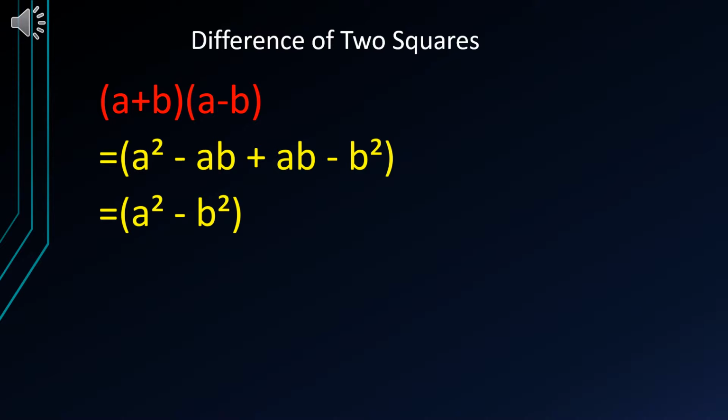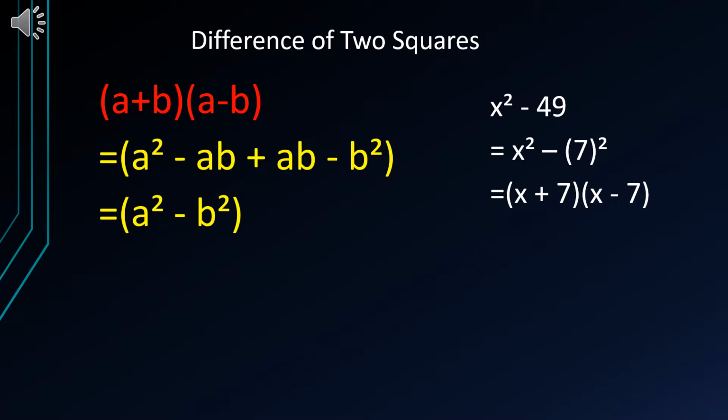Given the expression x squared minus 49, we can see that another square term can be introduced in place of the number. Then we consider the first value a and the second b using the factorized form given in red to factorize the difference of two squares expression to get.